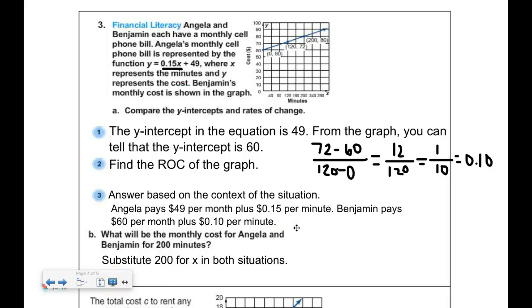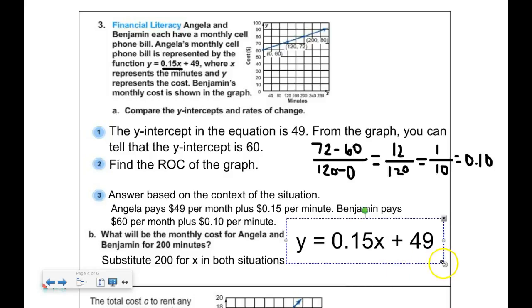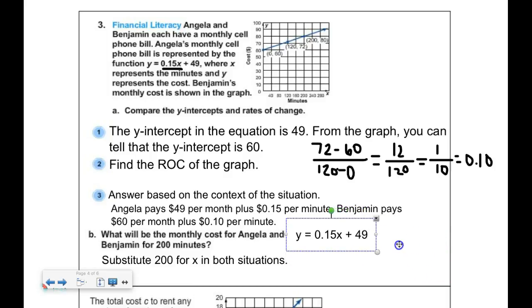So this is Angela's. y equals 0.15x plus 49. And I'm going to sub in the 200 for x. So y equals 0.15 times 200 plus 49. Can you do this mentally? y equals 200 times 0.15.